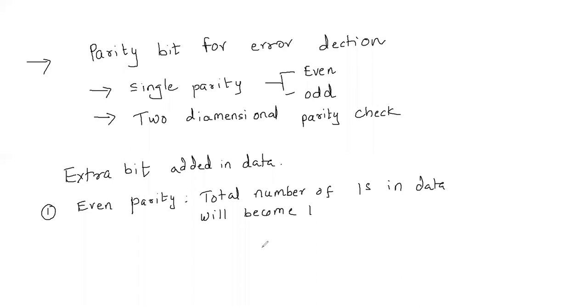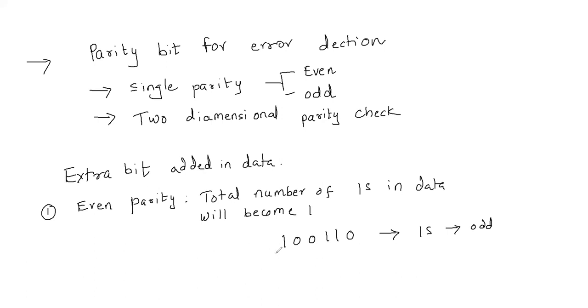With an example, suppose this is my data 100110. If we count the number of ones in the given data, the number of ones is 3, and therefore the ones are odd in number. 3 is an odd number, right?